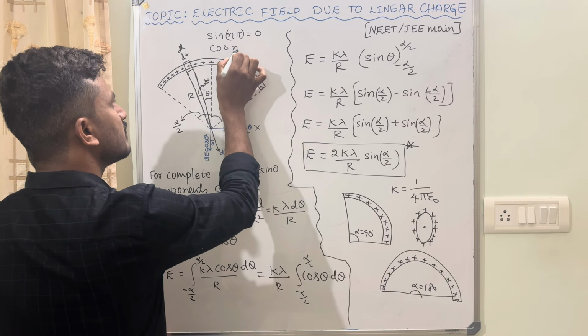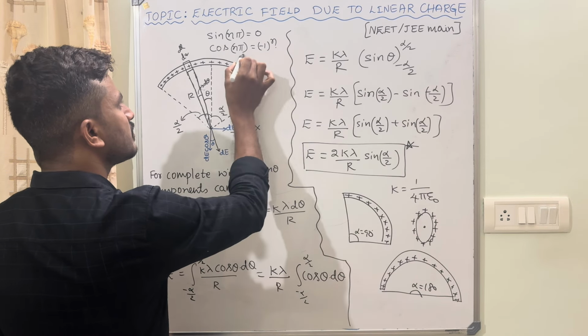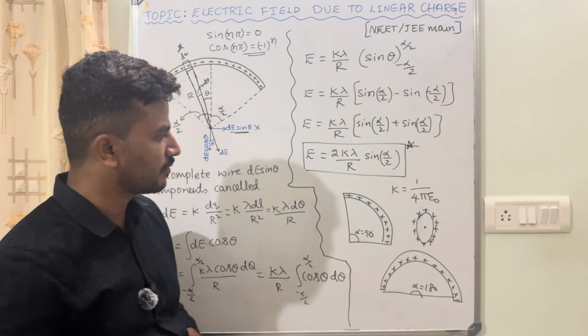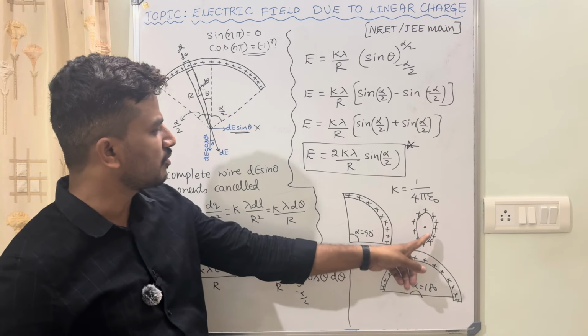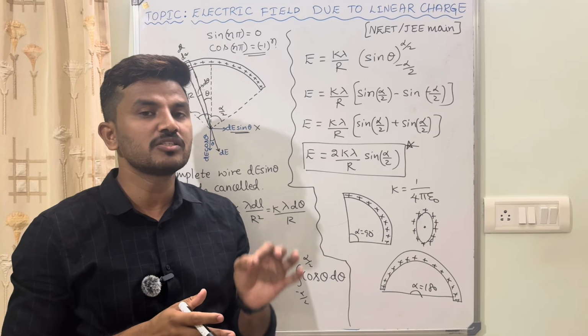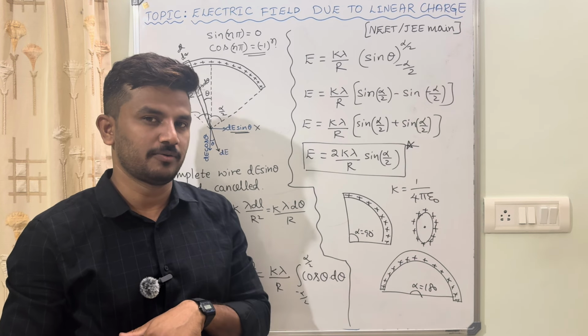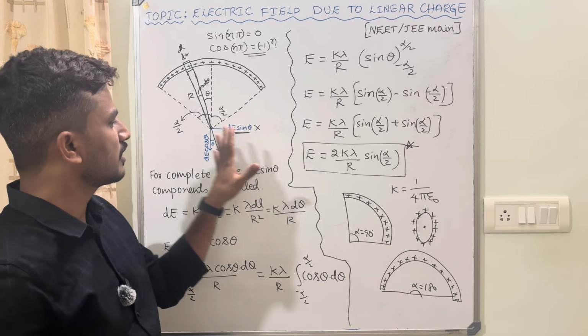Cos n pi is given by minus 1 power n. So if I substitute that, 0, that means the electric field at the center of a uniformly charged wire is 0.